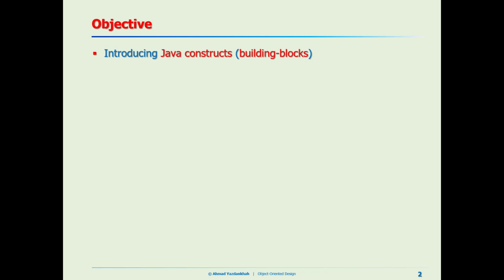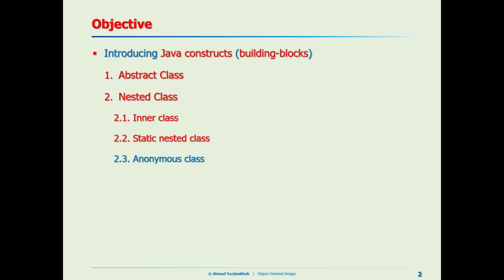All right. So in these two lectures, I am going to talk about the abstract class, which is another Java construct, and nested class. A nested class has some flavors: inner class or regular inner class, static nested class, anonymous class. After finishing the nested class, I'm going to talk about lambda expressions, which is actually an introduction to lambda expression.